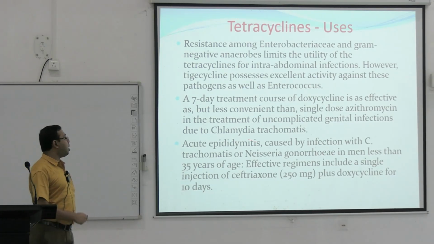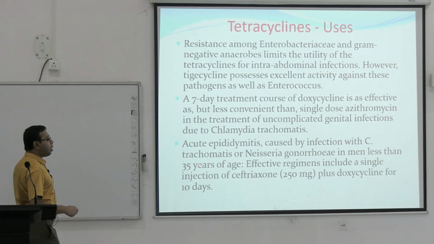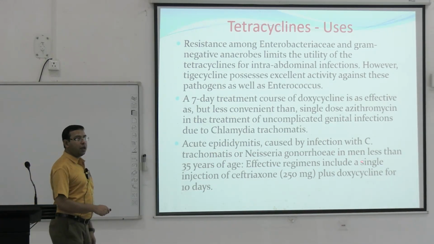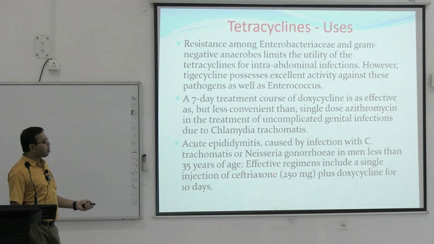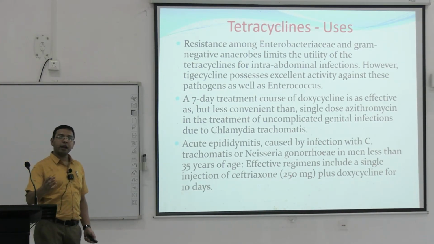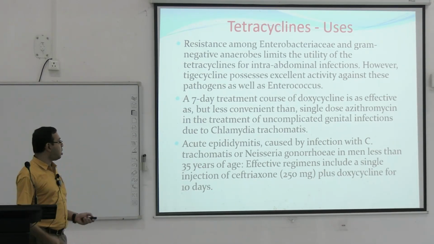Acute epididymitis, which is caused by infection with Chlamydia trachomatis and Neisseria gonorrhoeae in men less than 25 years of age. We can use a combination that can be added with other types of antibiotics to treat the different types of infection.